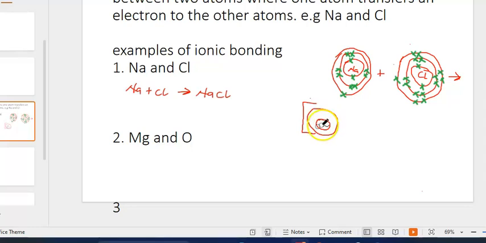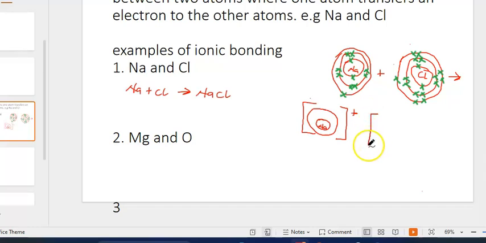So we have sodium here. Since it is 1 electron, for it to be stable, we are going to put a positive here, indicating that it's going to lose one electron.